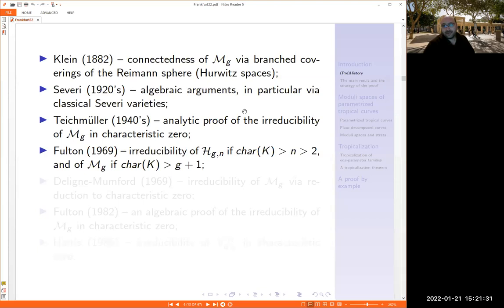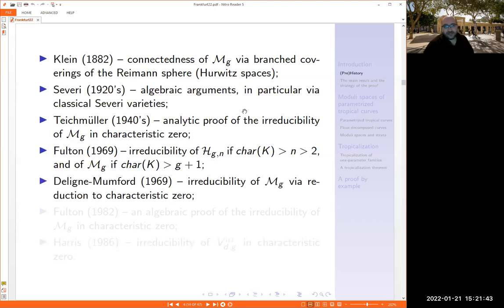Since they dominate the moduli space, it follows that the moduli space is also irreducible. In the same year, Deligne and Mumford introduced the notion of Deligne-Mumford stacks, again, at least it was advertised as an application, to prove the irreducibility of M_g, and they did it in any characteristic.